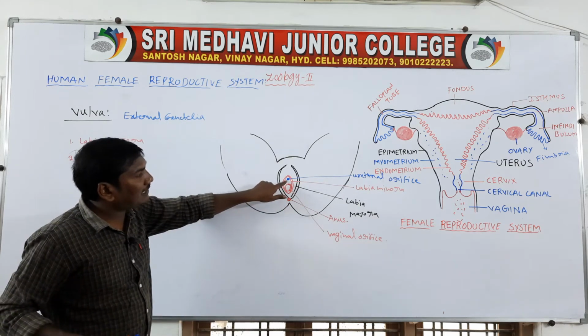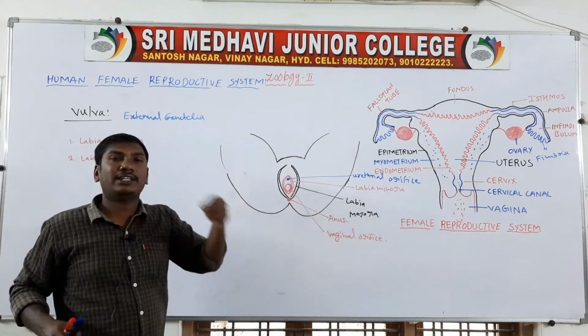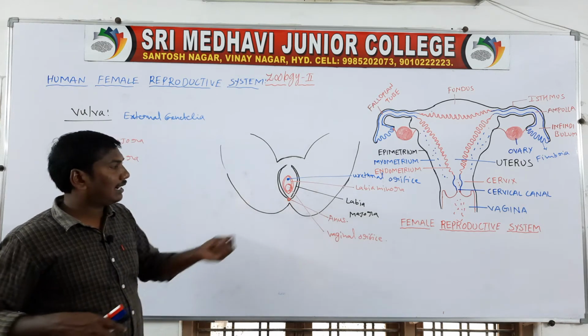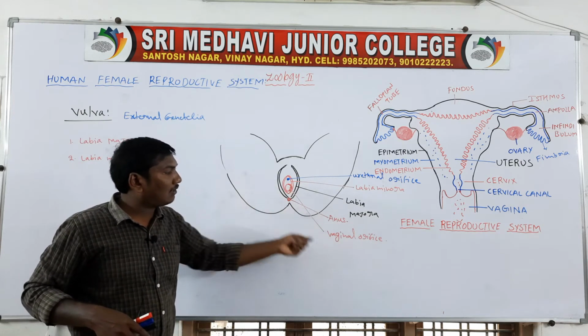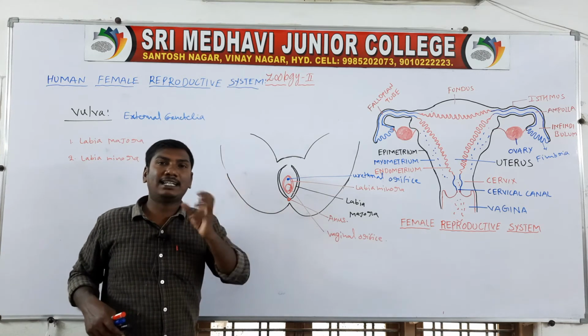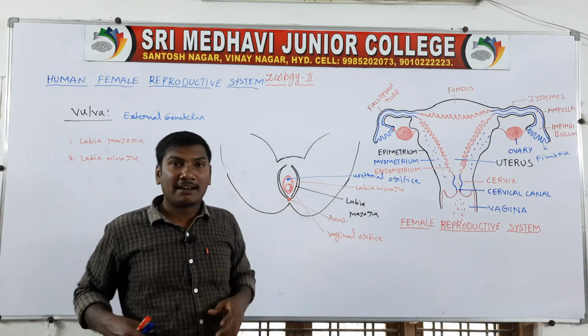The anterior aperture is called the urethral orifice, through which urine is released. Next, the lower one is called the vaginal orifice, which opens into the vagina.